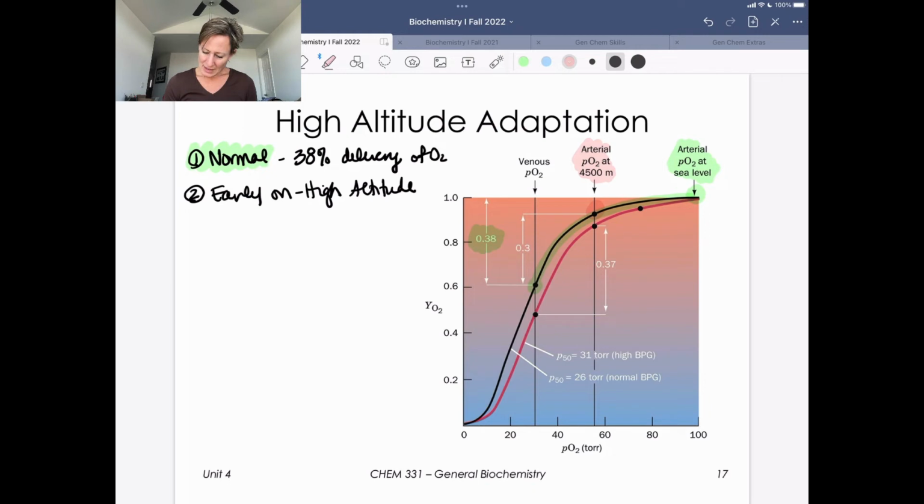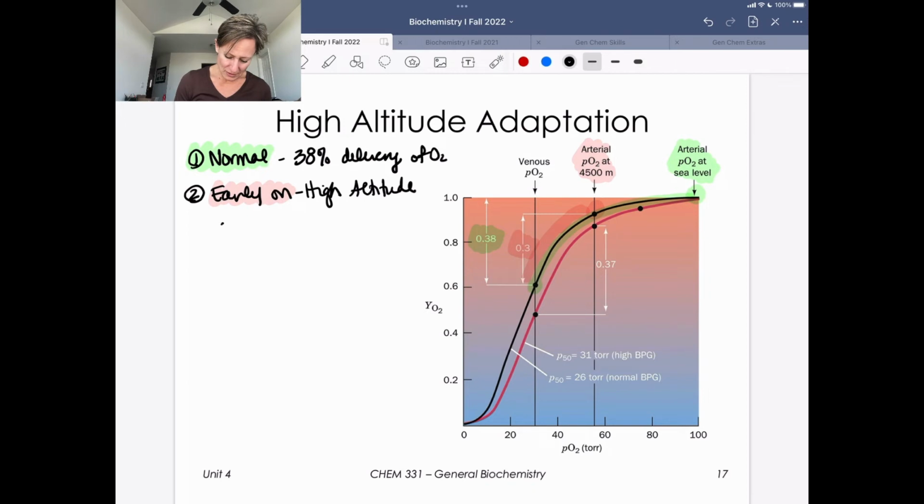In this case, you're only filling your bucket to about 93%, let's say, so that when you unload, you really are only unloading to about 30%. So early on, under high altitude conditions, you are not filling your bucket completely.